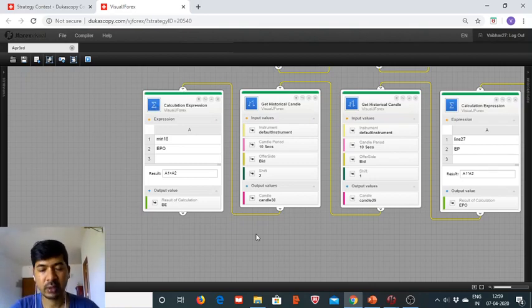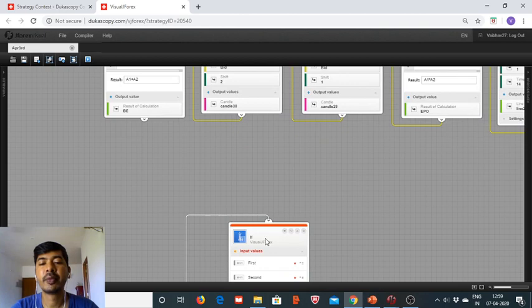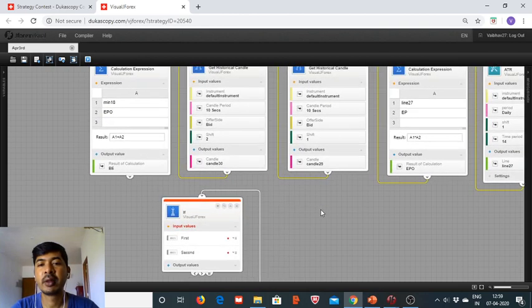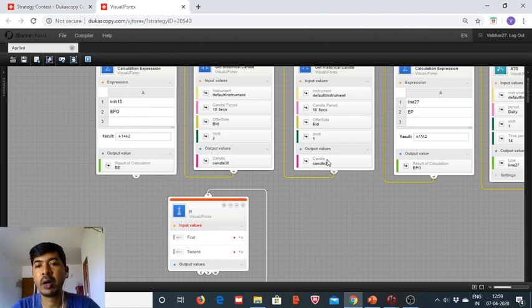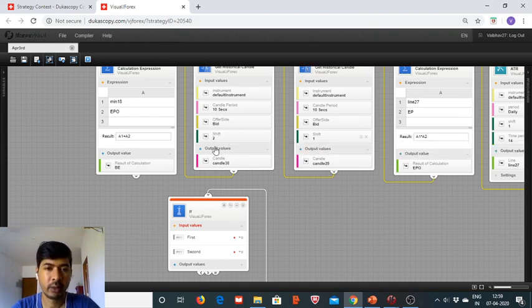Now we first bring in the if conditions. We want the prior value, so this is shift 1, that means last candle of the 10 seconds, and this is shift 2, the prior candle to the shift 1.